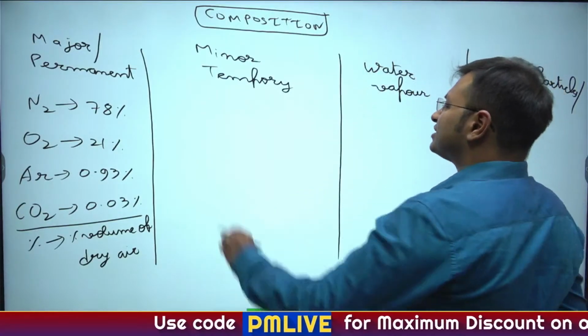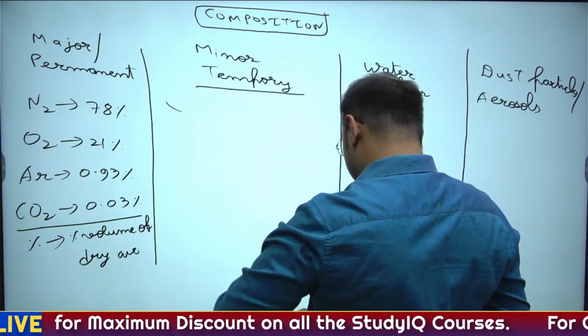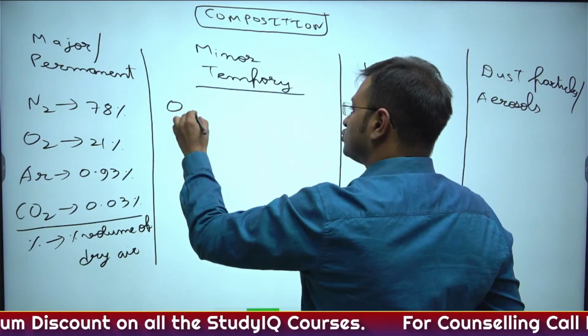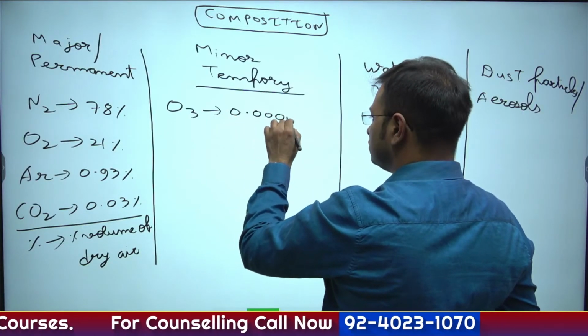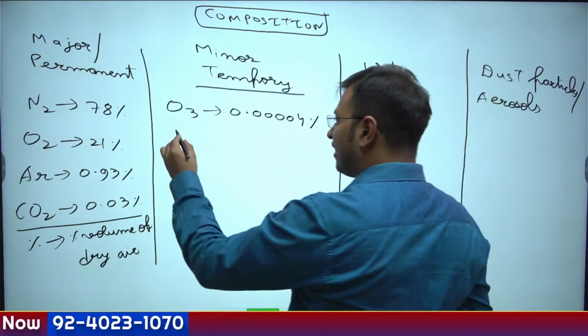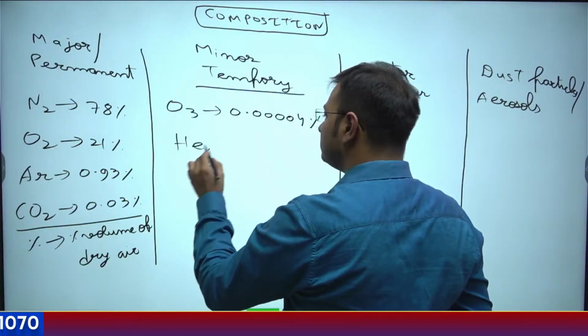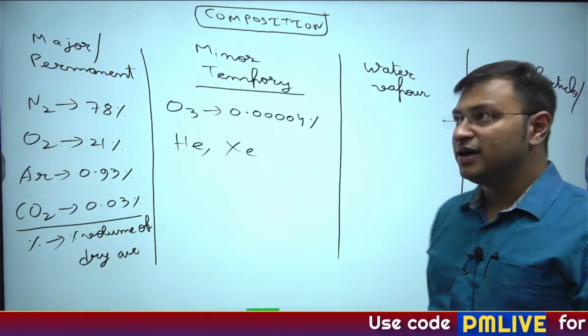When I'm talking about minor or temporary gases, they will not be present everywhere. The first minor gas is ozone, at 0.00004%. Then we have helium and xenon.